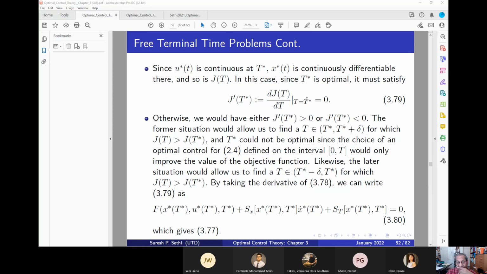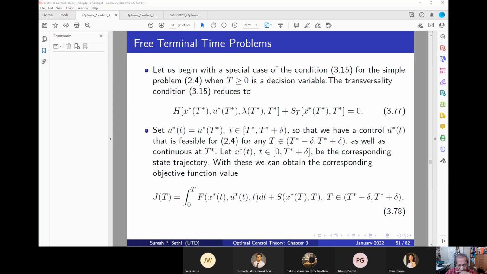Remember now, if this wasn't 0, then it will be like this. And if it is this, then we're saying that it is this, even though we did not use an optimal control for that T.